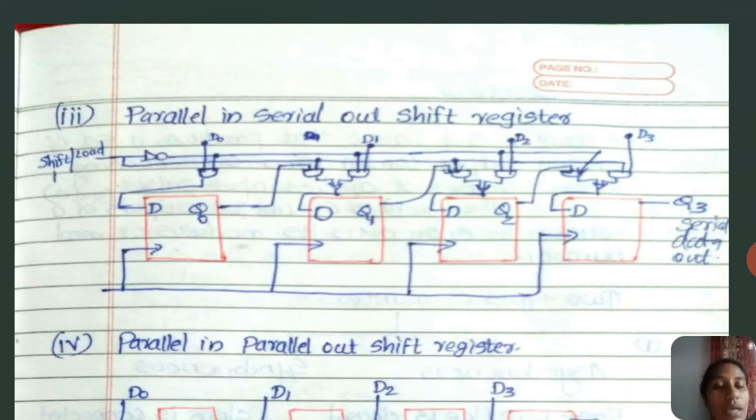So you have to do the parallel loading as well as serial shifting operation. For that purpose you have to choose either one at a time. So you can implement an OR gate combining these two operations.